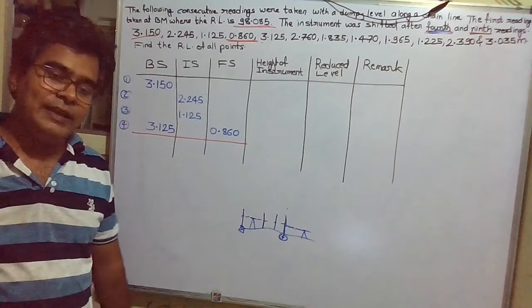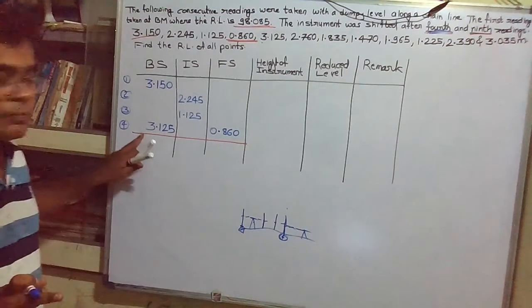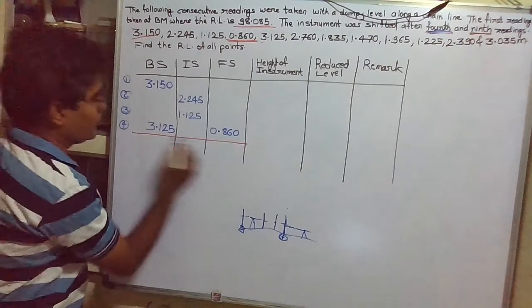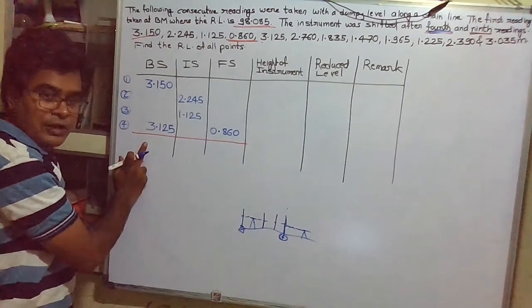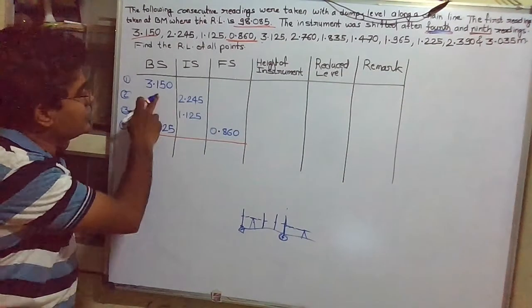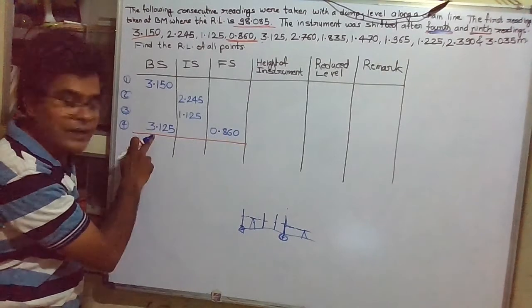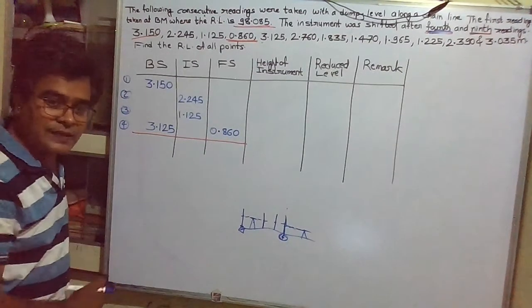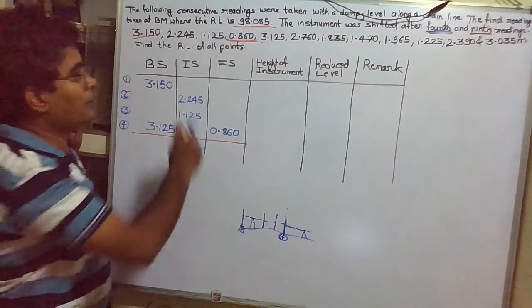That reading is the backsight reading, which will come in the backsight column but in the same row. Always these two readings will be in the same row. This is the foresight of the first setup, and this is the backsight of the second setup. Got it? Then again the same procedure.